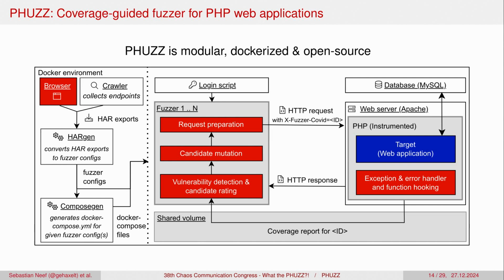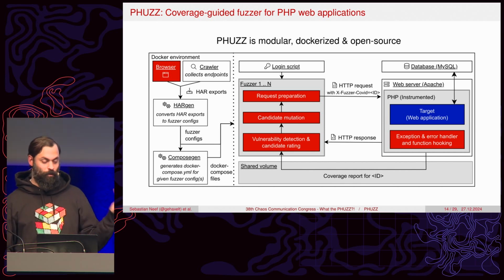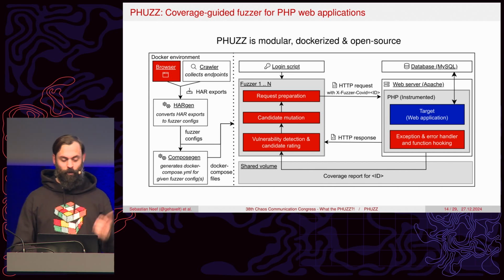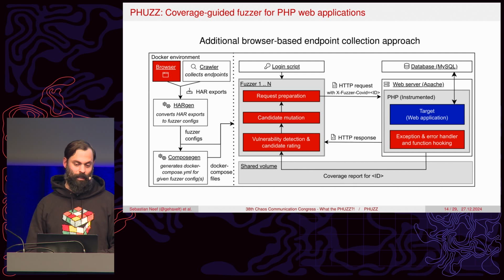Every box that you can see in this schema is more or less a separate Docker container. So everything is Dockerized: the browser, the crawler, the generation containers, the fuzzer, and the web server and instrumentation as well.